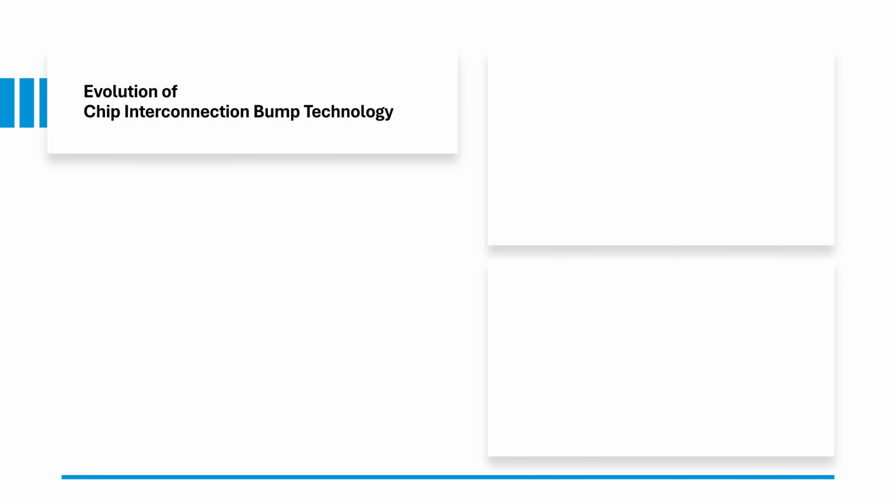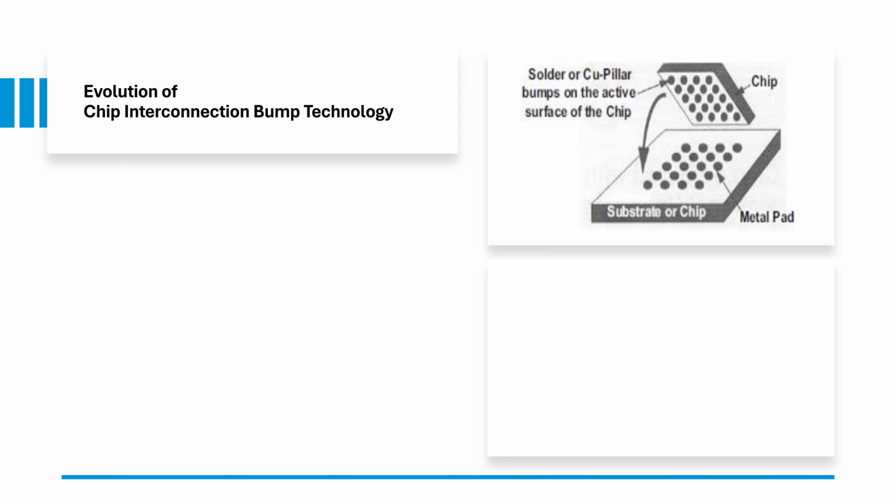Let's talk about flip chip technology now. See, we use bumps and C4, C2 again and again. Let's understand what those things are. Bumps are a general term for conductive structures connecting chips or substrates. For example, in this case, this is a chip and this is a substrate, and these are bumps.